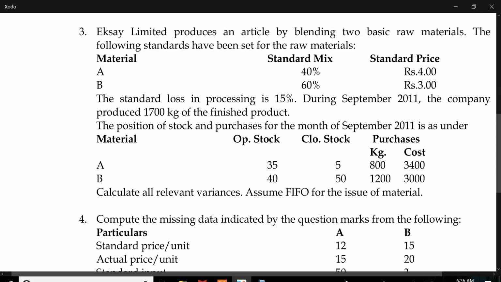And AP for current year purchase will be the current purchase price.